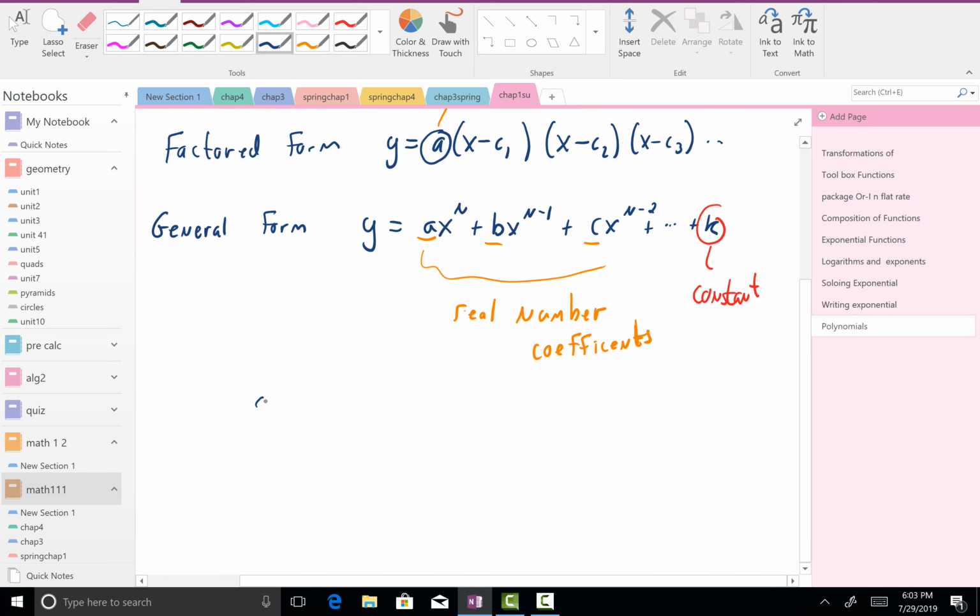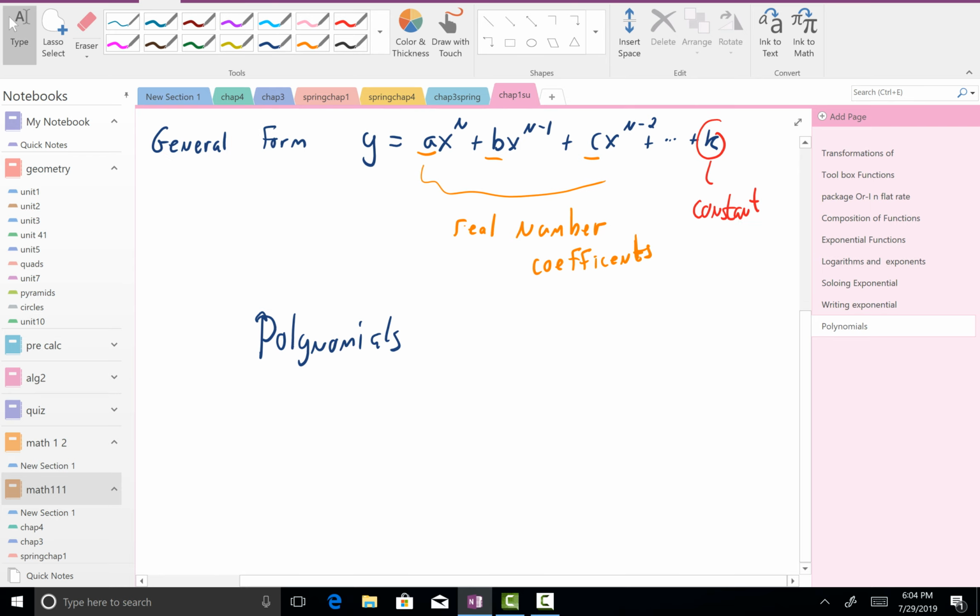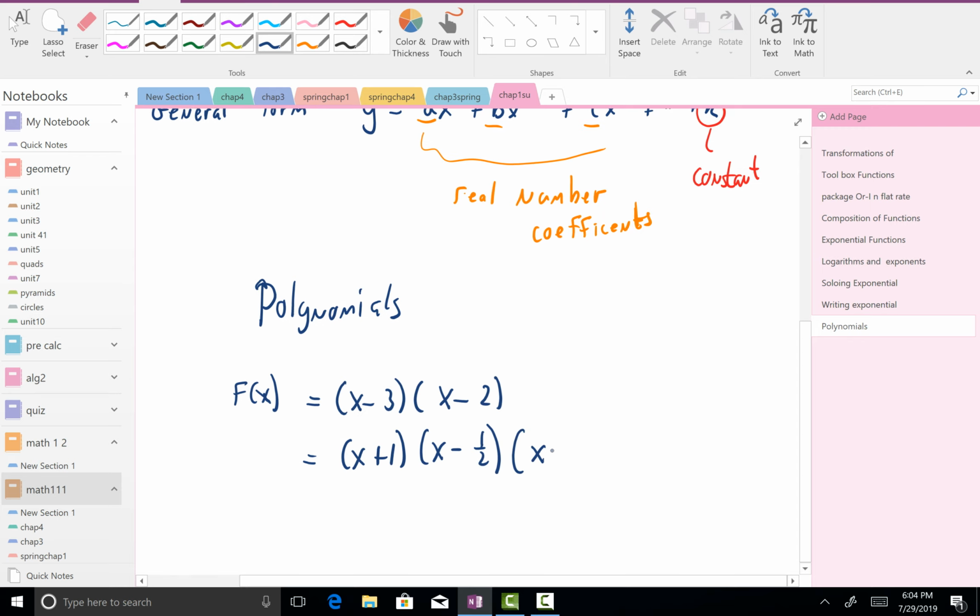Okay, so what are some polynomials and what aren't some polynomials? So anything in the form, for example, this is a factored form one, okay? I guess they probably want us to use some function notation. All right, if I add some more stuff to this, they can be fractions, okay? You can have one or more of these things.